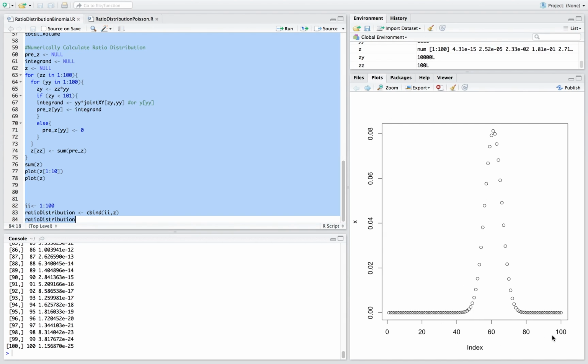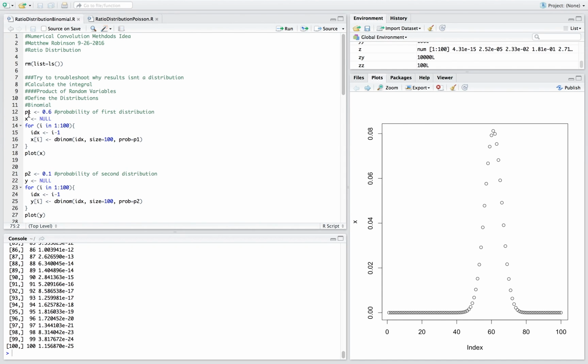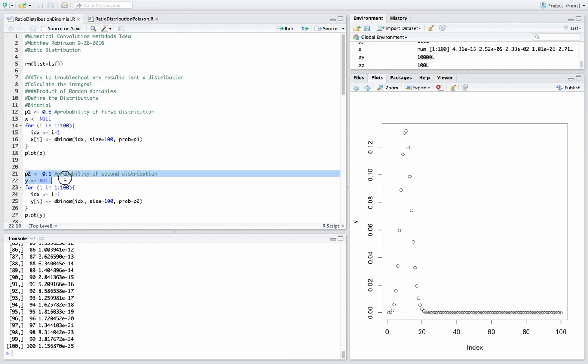So first, we start off with the distribution of the random variable x. In this case, I gave it a binomial distribution with probability of success of 60%, 0.6. I replicated 100 times, so it should peak at about 60. Random variable y I gave a distribution with probability of success of 10%, replicated 100 times, so it should peak at about 10, which it does.